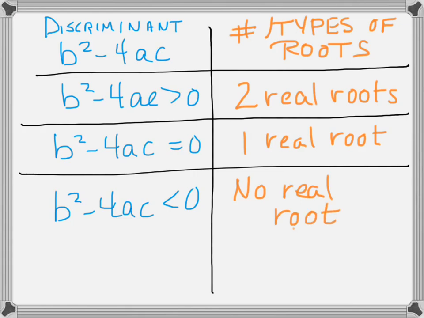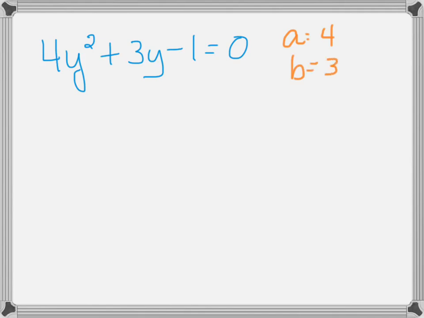Alright, so let's look at some examples. We have 4y squared plus 3y minus 1 equals 0. Our a is 4, our b is 3, and our c is negative 1.